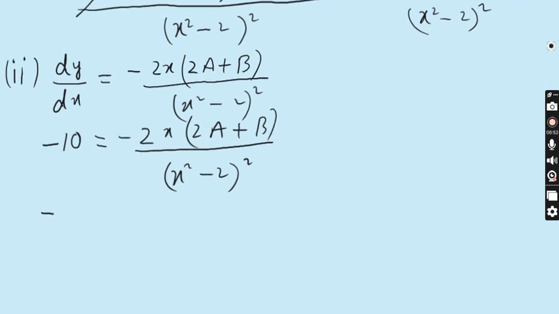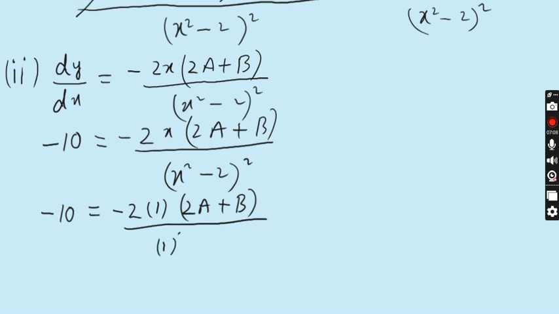So negative 10 is equal to negative 2, the value of x is 1, (2a plus b) upon (1 square minus 2) whole square. Simplify it.